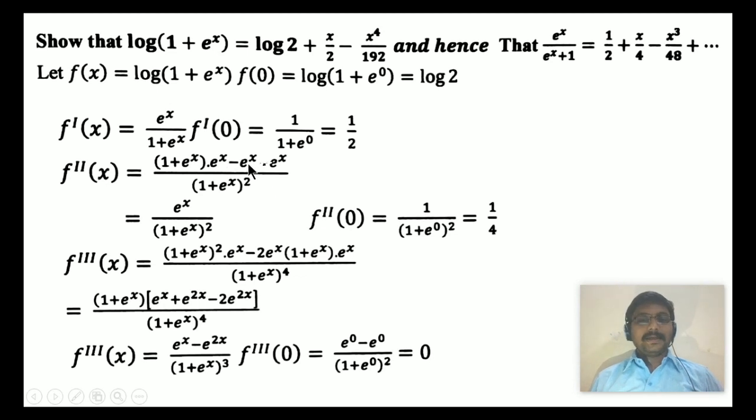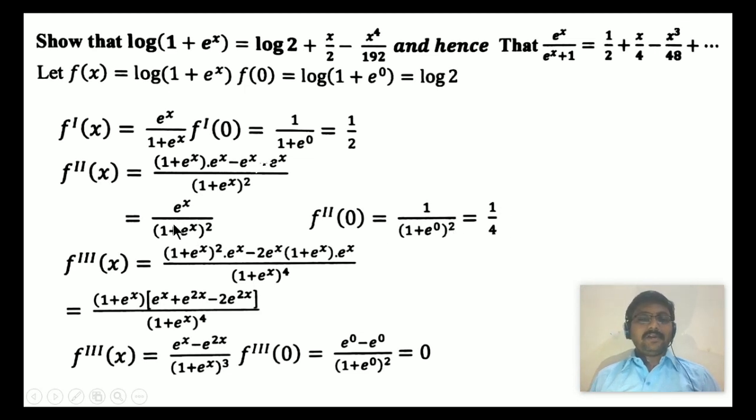Now e power x kept silent, 1 plus e power x derivative, 1 derivative 0, e power x derivative as it is e power x, whole by v square. v square means (1 plus e power x) whole square. Just multiplying with e power x and then simplifying, clearly e power 2x, e power 2x get cancelled in the numerator. So we will have f double dash of x is e power x by (1 plus e power x) whole square.